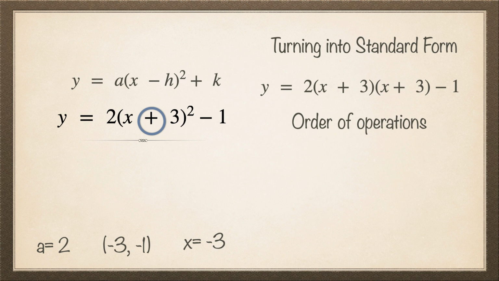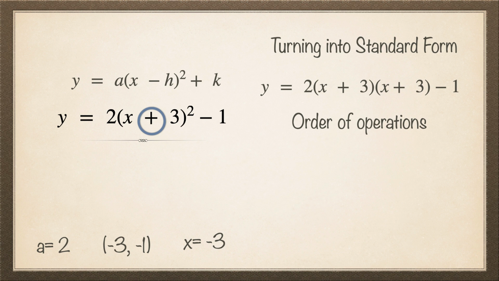Well, they also say exponents and what's inside parentheses. But if you notice here, there really isn't anything to do inside the parentheses. And I've already done my exponent by separating those into 2 binomials, x plus 3, x plus 3.